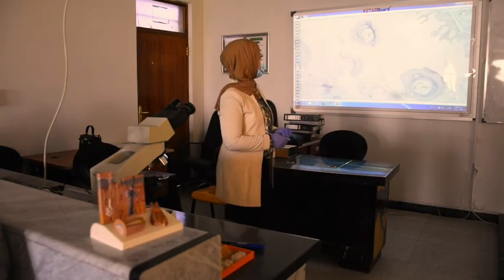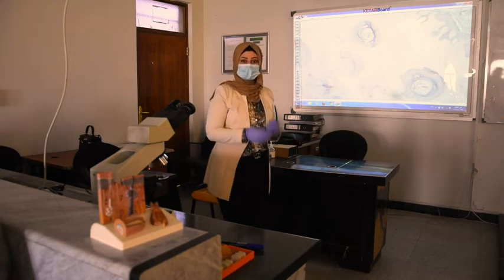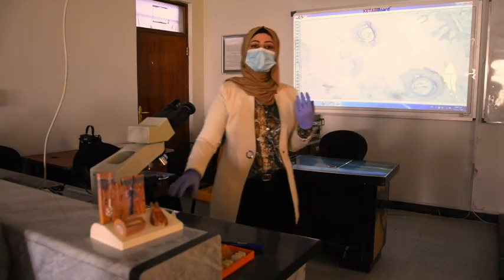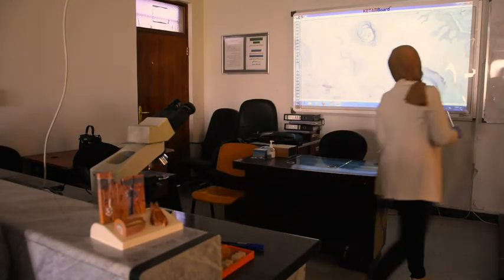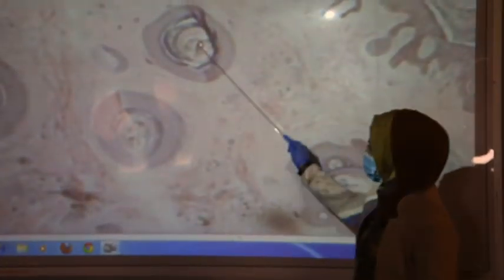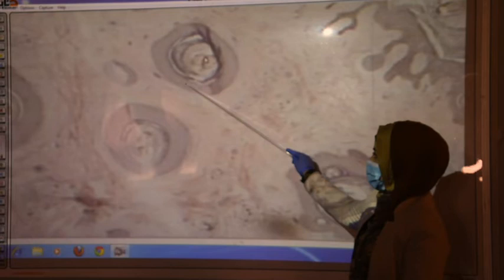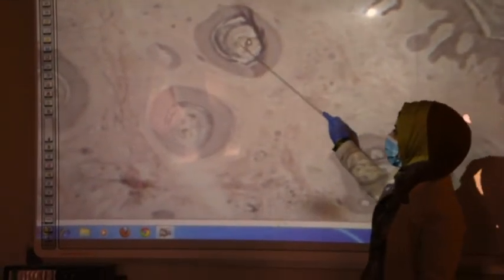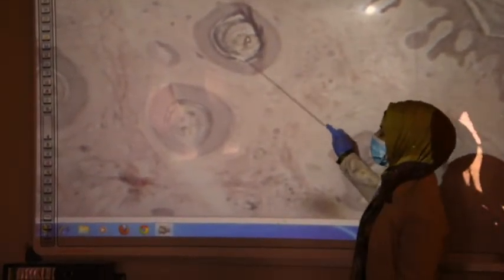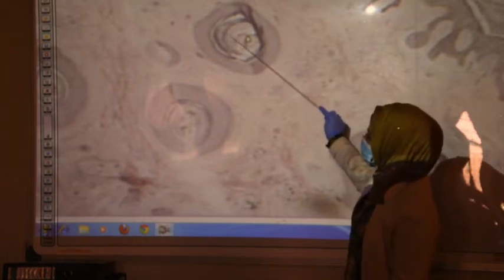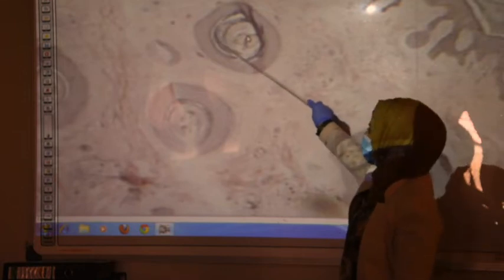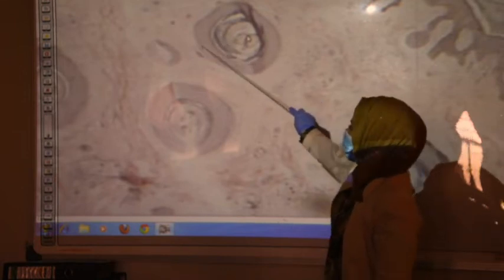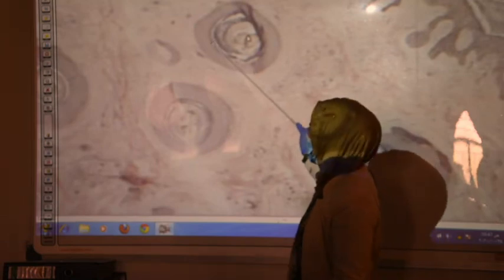Okay, this is a new slide showing us a scalp of hair containing many hair follicles. These nice structures are all hair follicles, composed from inside to outside, starting with medulla, cortex, cuticle, internal root sheath, external root sheath, and the outer is the glassy membrane.